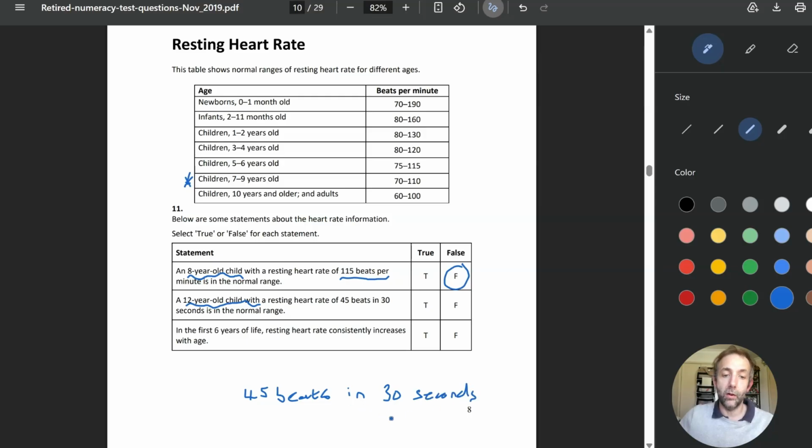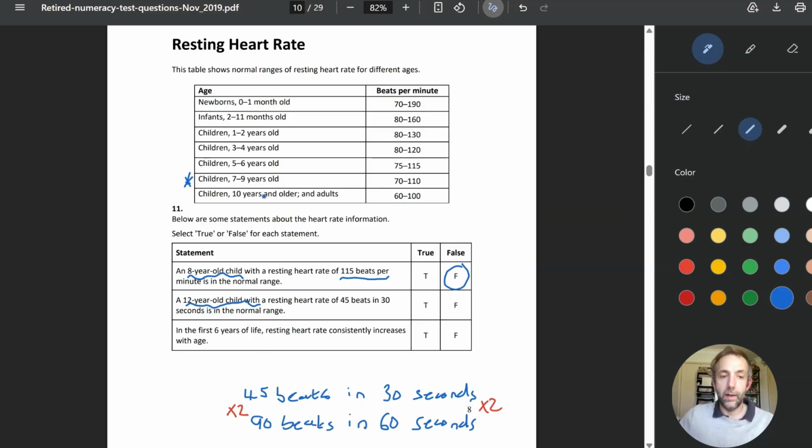It is based on per minute. So we need to know there's 60 seconds in a minute, and that is twice as much. So if we've doubled this, this is a rate, so we need to double this as well. So that would be 90 beats in 60 seconds. So in other words, 90 beats per minute.